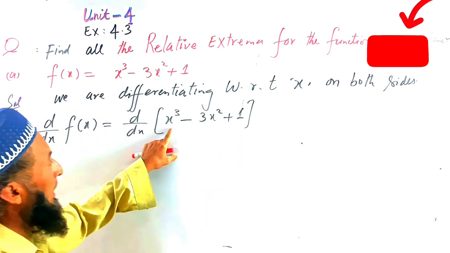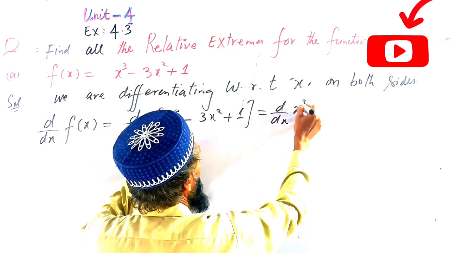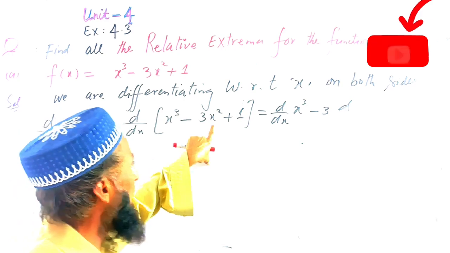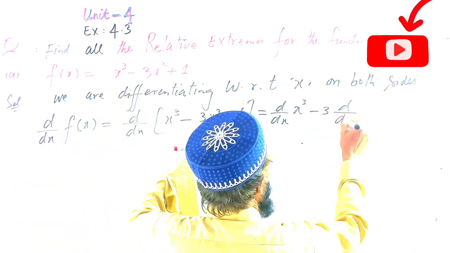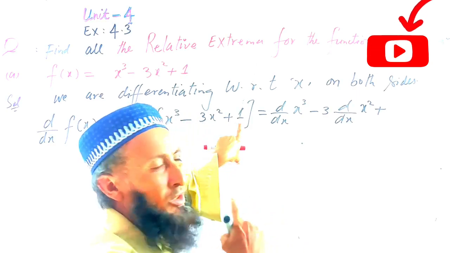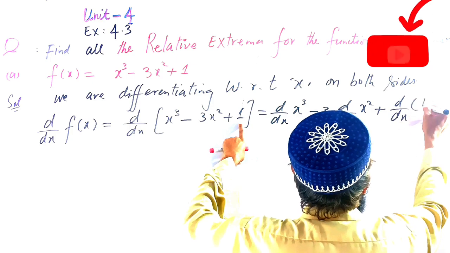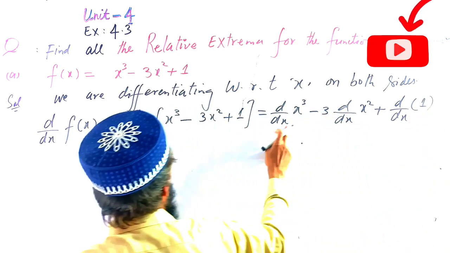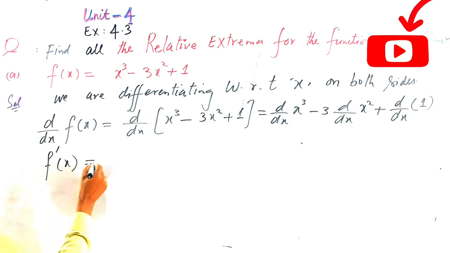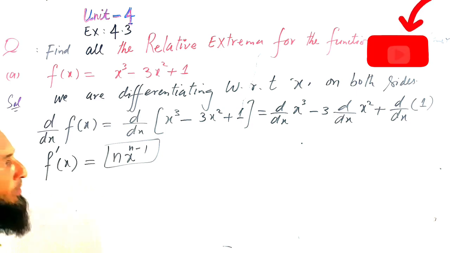So we can write here, individually applying dy by dx: x cube, minus 3 is a constant, we take it outside the function, and dy by dx x square, plus, here no variable is present, so we apply dy by dx 1. Now according to the power rule, f dash x, nx to the n minus 1. This is the exponent or power rule.